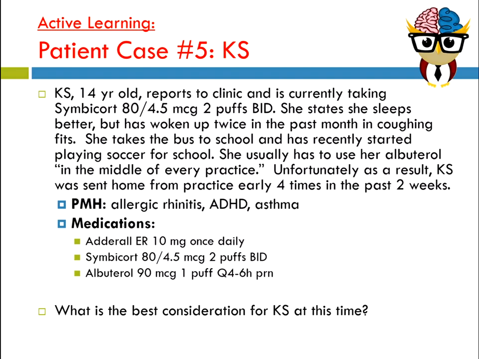So what's the first thing we should recommend to her? Pre-treatment with that reliever inhaler. Okay? You could probably also educate, recommend to the doctor to discontinue the albuterol, recommend Symbicort for maintenance and reliever therapy, and then use the Symbicort for pre-treatment. But yes. Okay?